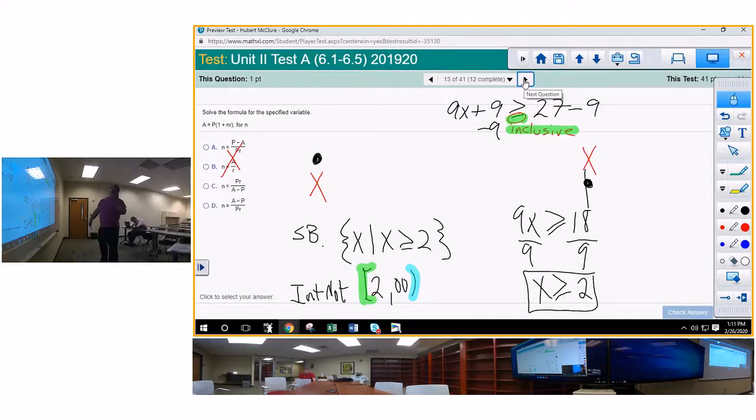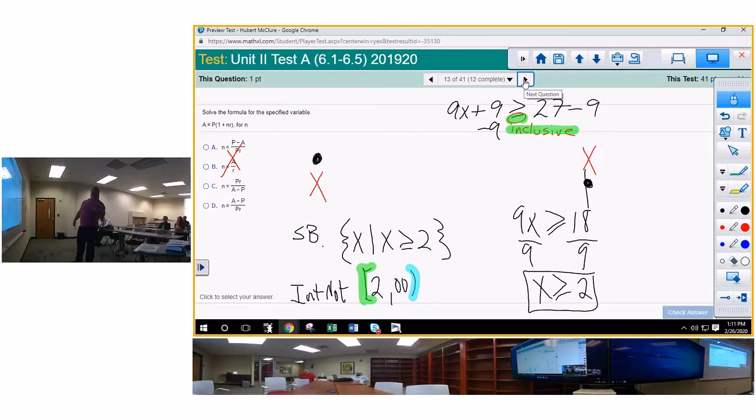Okay, solve. We already did this. Solve for n, divide by p. Okay, they went ahead. Divide by p. That's going to be A over P, which they probably distributed. So I'm going to distribute.